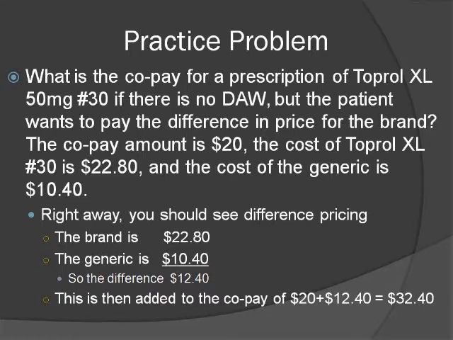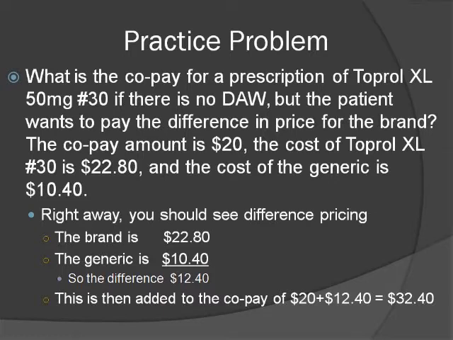But Toprol XL, 50 milligrams, number 30, is the order, and there's no DAW. That just means that the doctor is not mandating that there be brand only. But the patient wants to pay the difference in pricing for the brand. So we're asking, what is that copay?